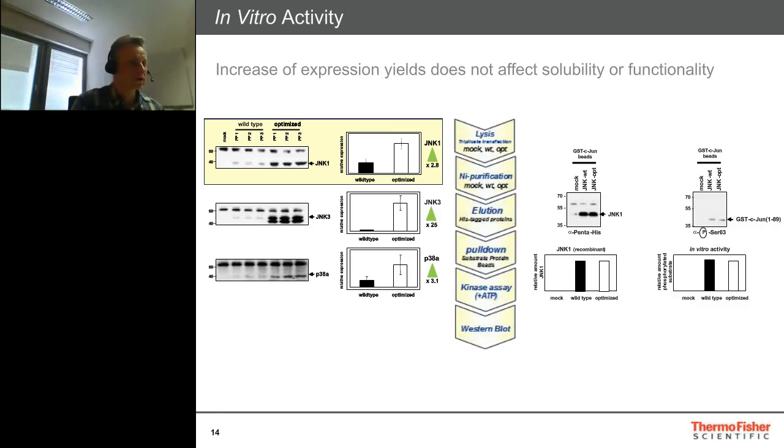You can see that with the wild type and with the optimized gene, we had basically the same activity. This was an example that optimized genes are as good in activity, or do not lose activity, compared to wild type genes.